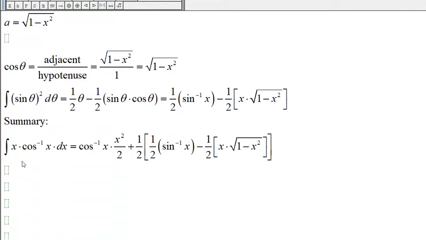And so in summary, the integral of x times cosine inverse of x would be cosine inverse of x times x squared over 2 plus 1/2, and then times all of this. And this is the answer.